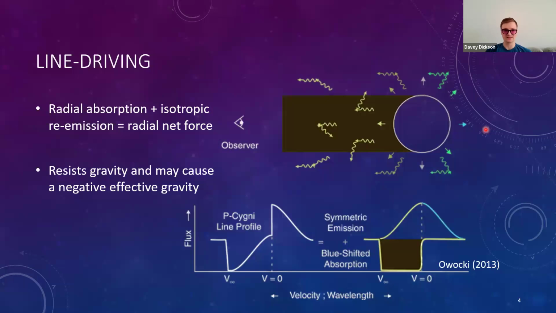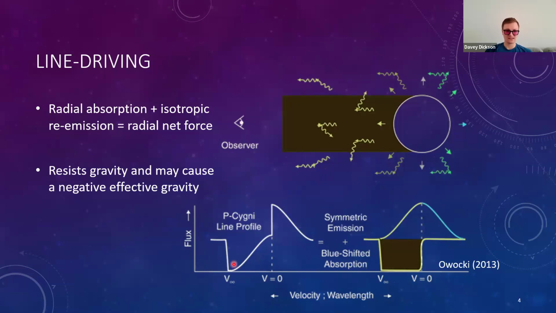And that discrepancy leads to a radial net force as the surrounding wind or atmosphere of this star absorbs some of its emission.